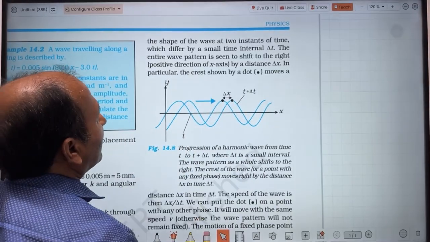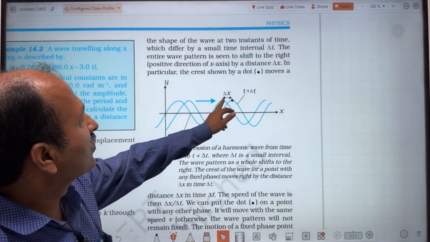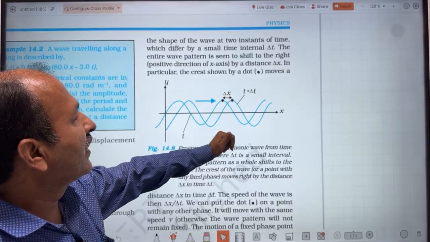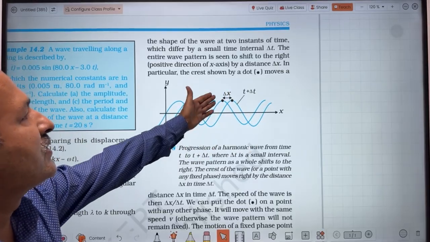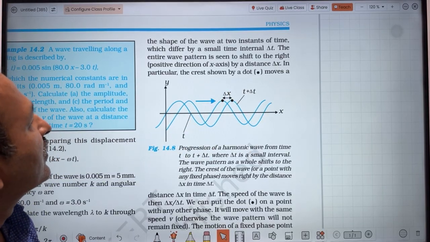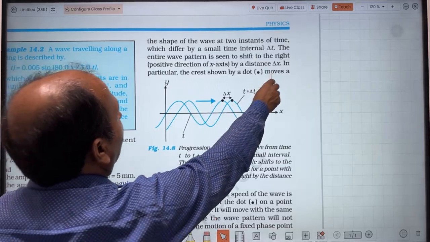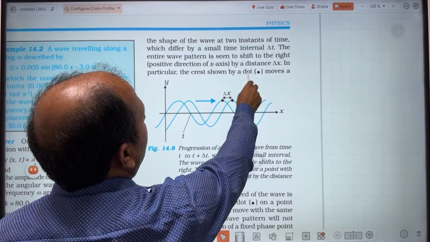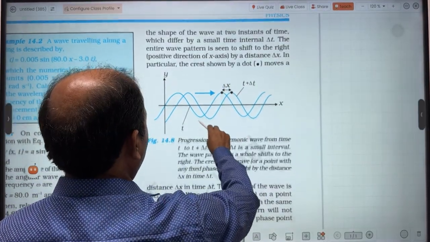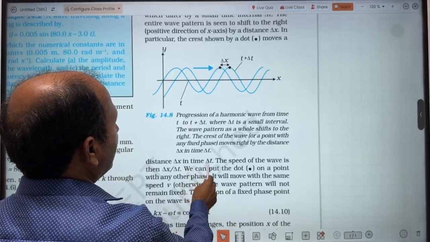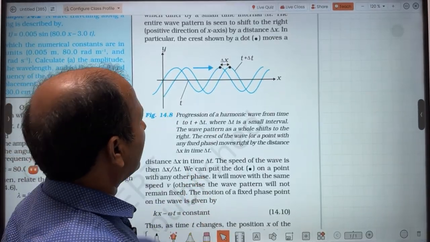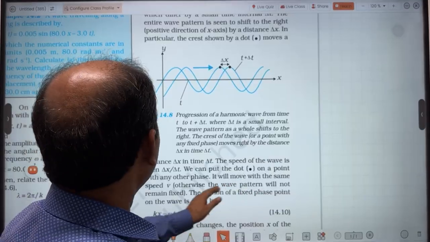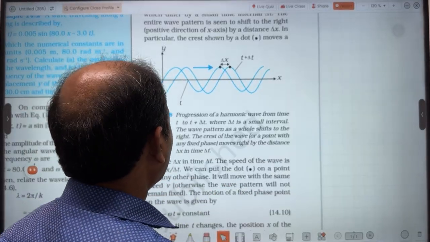Two situations we are considering here. These two points are in the same phase. This is delta x. The time gap is t plus delta t. Correct? So here in particular the crest shown by a dot moves a distance delta x in time delta t. That is very obvious. The speed of the wave is then delta x by delta t.